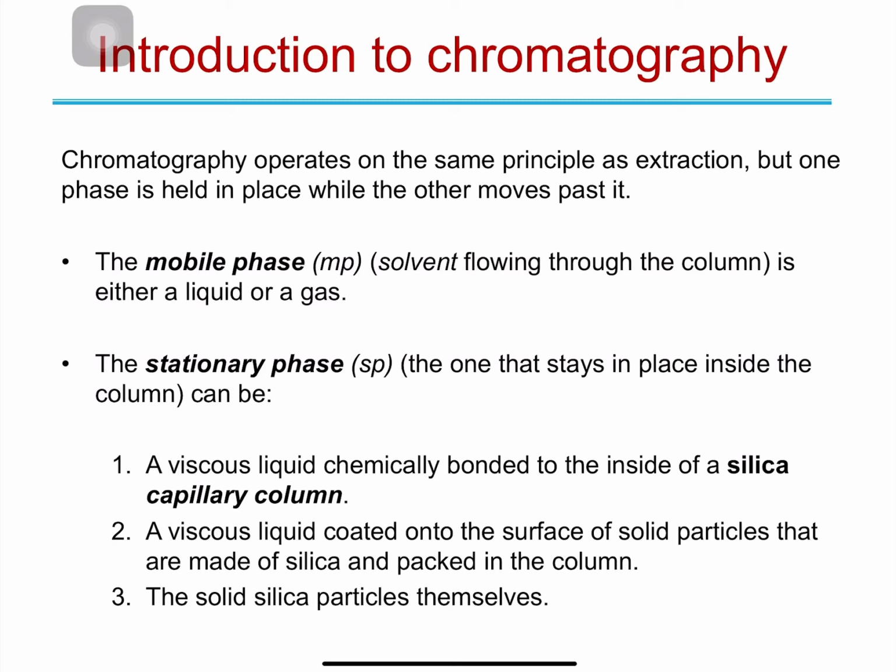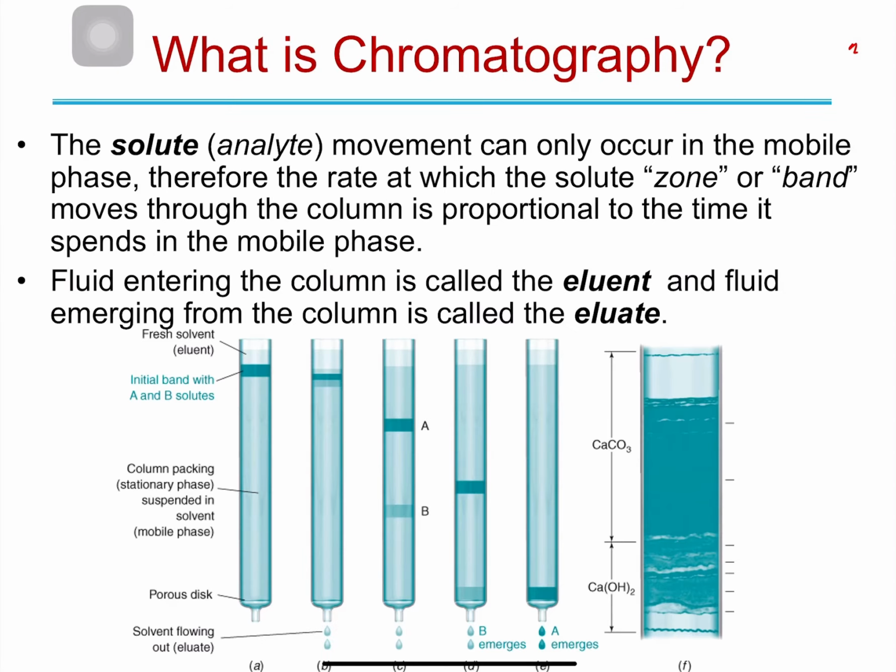So this gas does not interact, it just carries the substance along the column, as we will see in gas chromatography. So this is just an illustration of how chromatography works as an introduction. So now you have your solute, and solute here is your analyte.